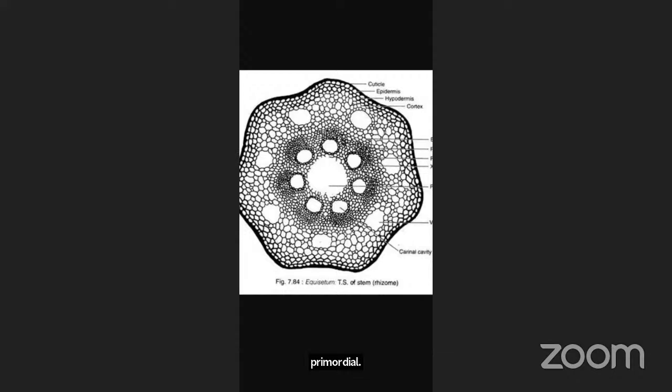We can see the transverse section of the stem. Here, the aerial sterile branch is circular but has a wavy outline in this Equisetum stem. The stem is differentiated into three regions: epidermis, cortex, and stele.